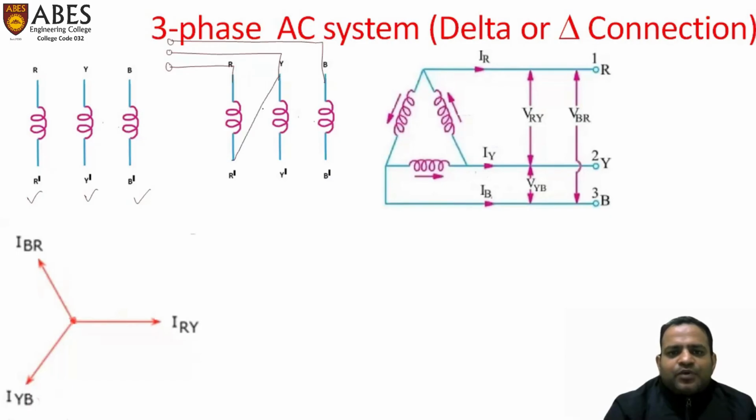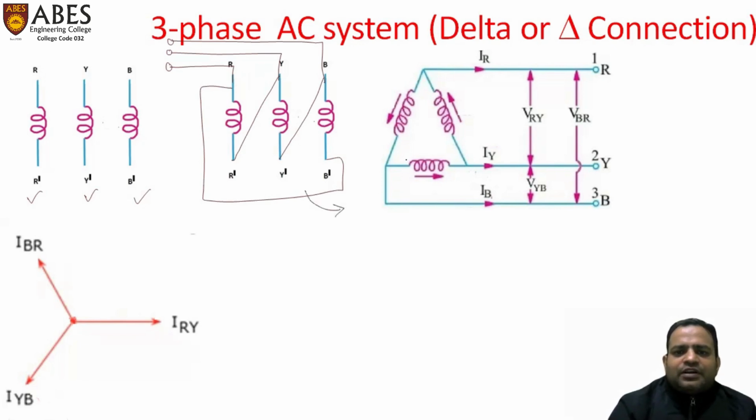R dash point is connected to Y, B dash point is connected to Y dash, and this B dash point is connected to R. Such a type of connection is called delta connection, as shown in figure 1.